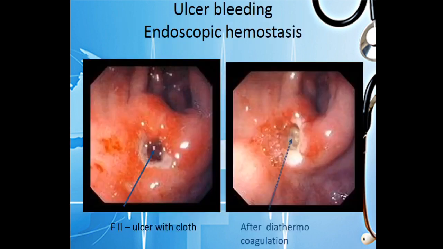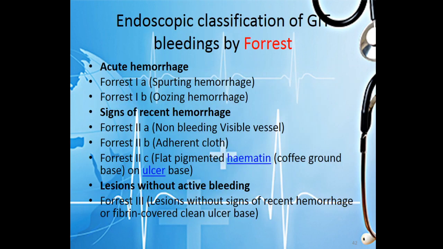According to these bleedings, you plan your tactic. Maybe Forest 1 is an emergent operation. Maybe Forest 2 is an urgent operation within 1-2 days. And Forest 3 needs no emergent operation. We can talk about planned gastroenterology, planned surgery, and other things.